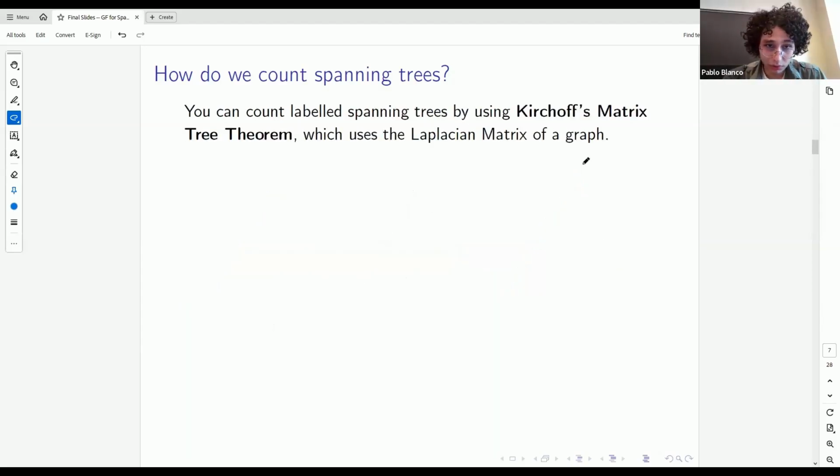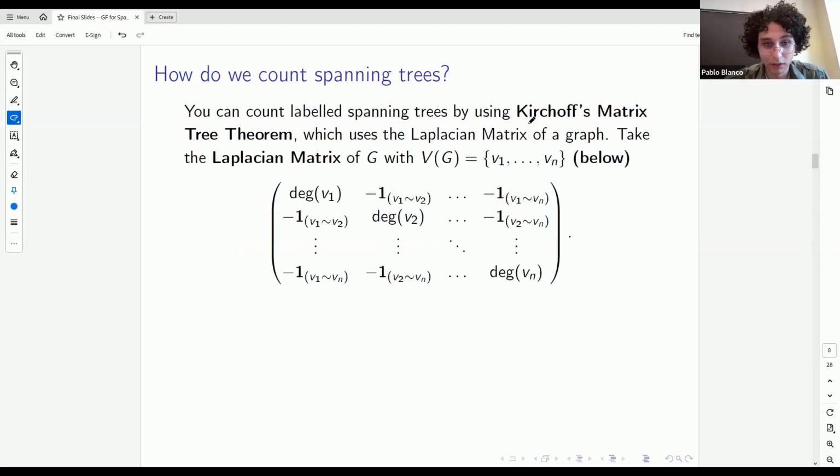We can use Kirchhoff's matrix tree theorem. So what is this? It uses something called the Laplacian matrix of a graph, and let me tell you what this is.